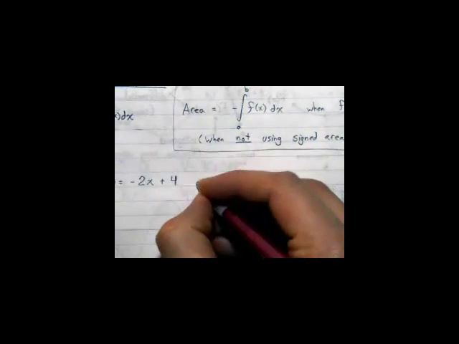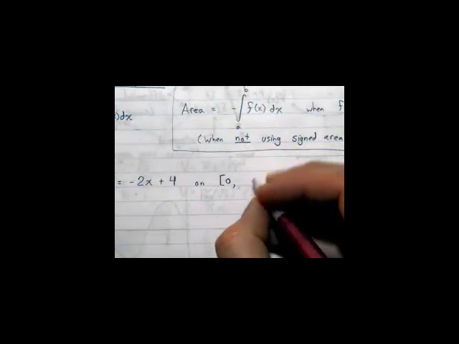And let's say we want to be on the interval 0 to 5. And I want to know what is the total area, i.e. not signed area. Okay?